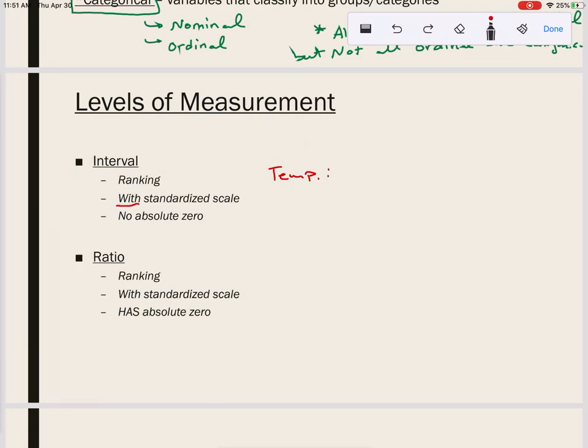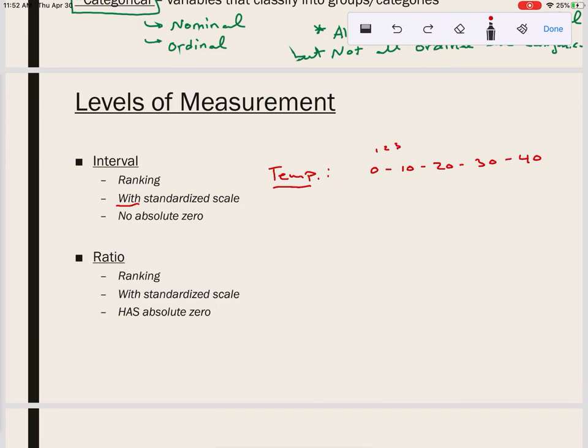If I'm doing a study and my dependent variable is temperature, that is an interval level of measurement because there's ranking. So let's say we have 0 degrees Celsius, 10 degrees Celsius, 20 degrees Celsius, 30 degrees Celsius, and 40 degrees and so forth. Although that would be really, really hot. So let's end with 40.